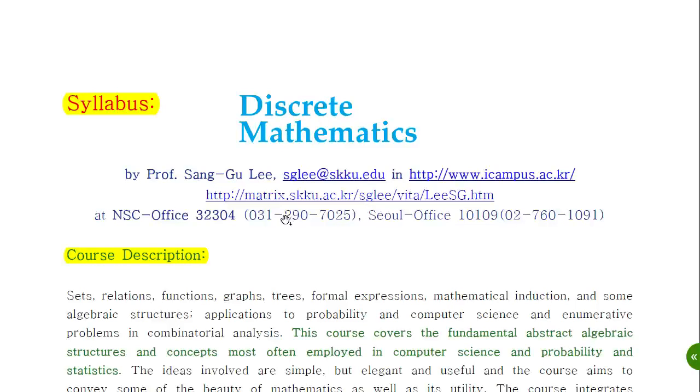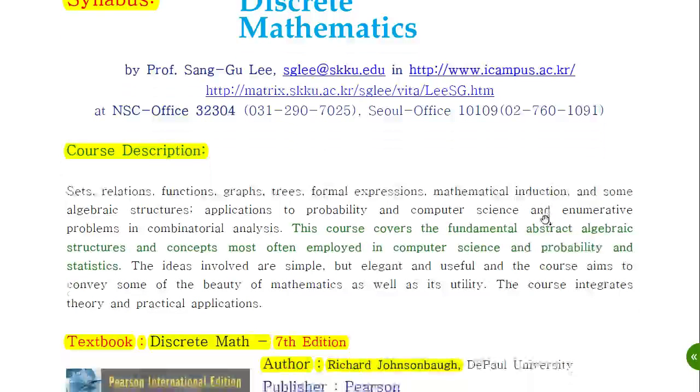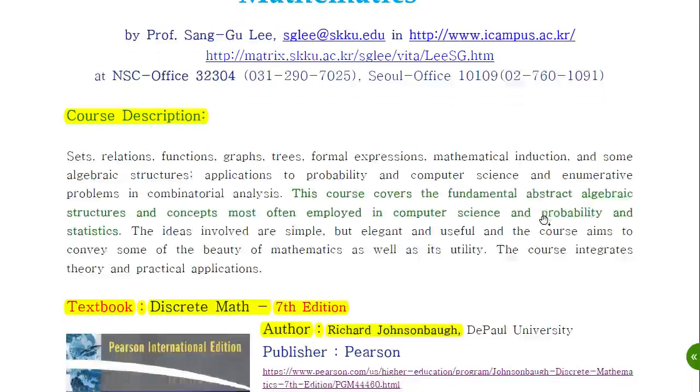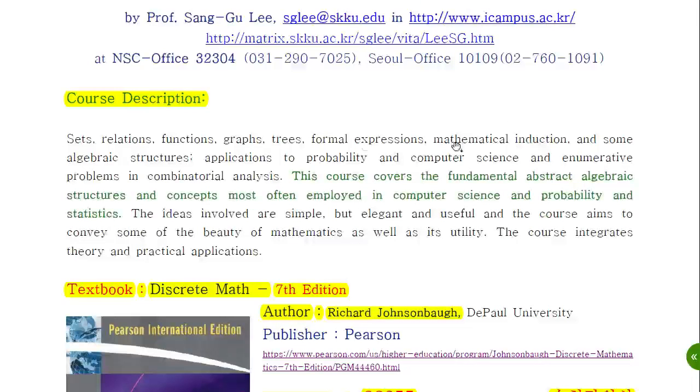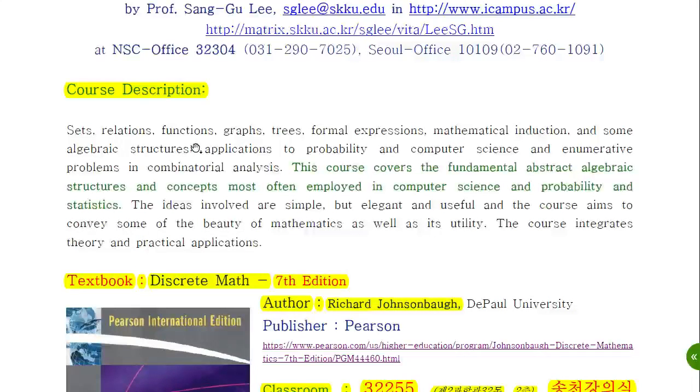I'm staying 3 days here and 2 days there in a week, so you can use these two numbers to catch me. My secretary will answer you from this phone number. So you can catch me with these email addresses and phone numbers.